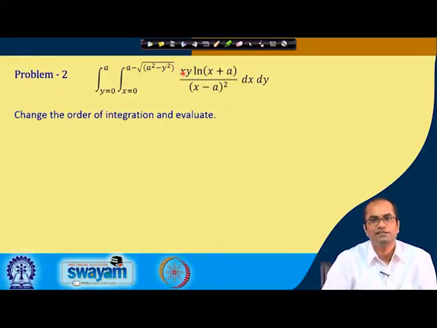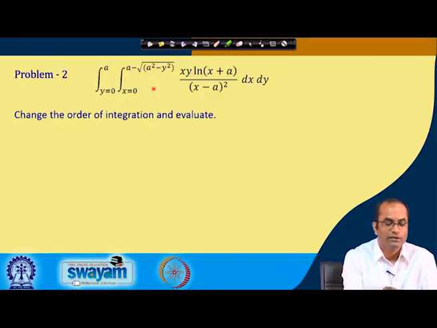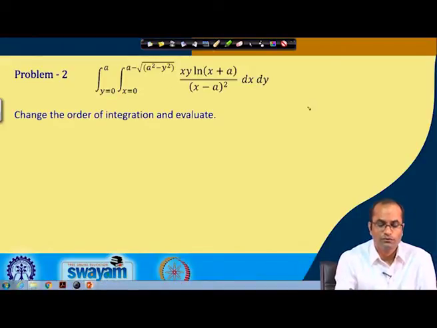So, by changing the order we can see directly looking at the integrand that we can easily integrate with respect to y, this given integrand. So, for changing the order we have to now draw the domain of this integration here.